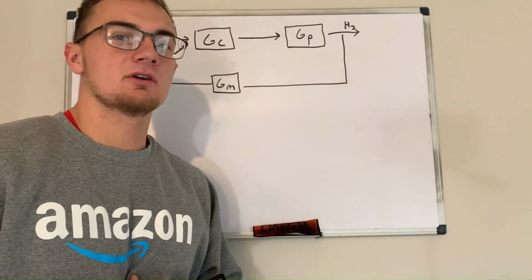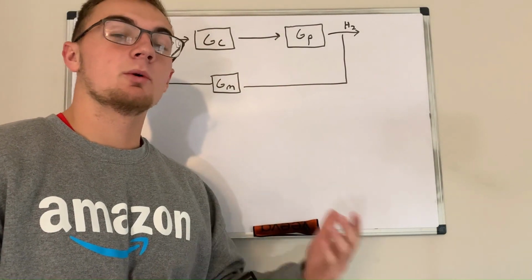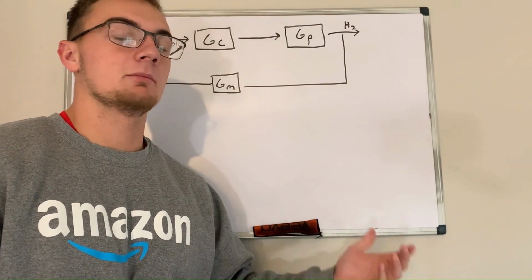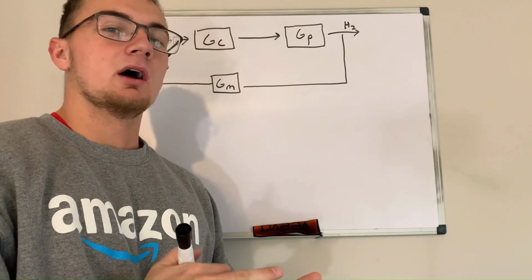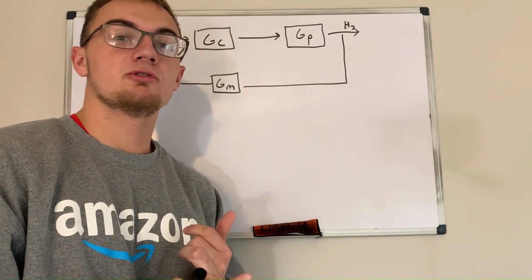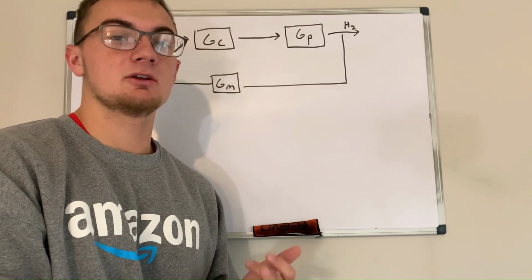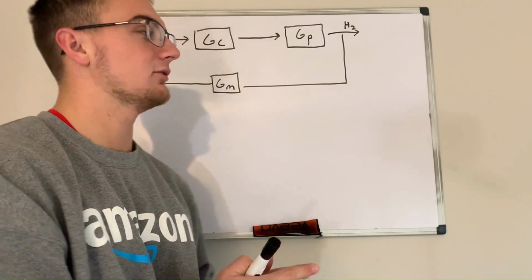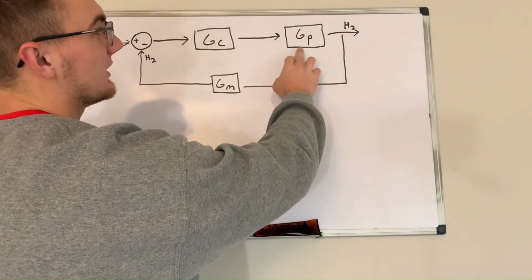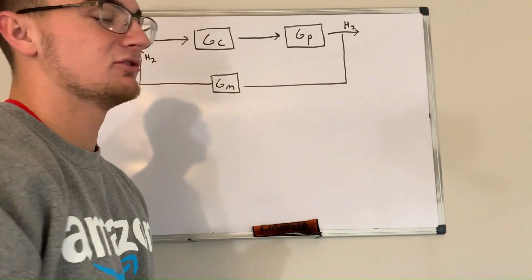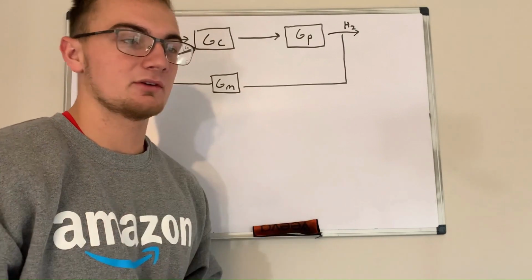Now this transfer function for our process is what we had just calculated a minute ago in Python. So the Q to Q2, and then Q2 to H2, when we multiplied those two together, we're just going to condense that and call that our GP, which is the transfer function for our process here.